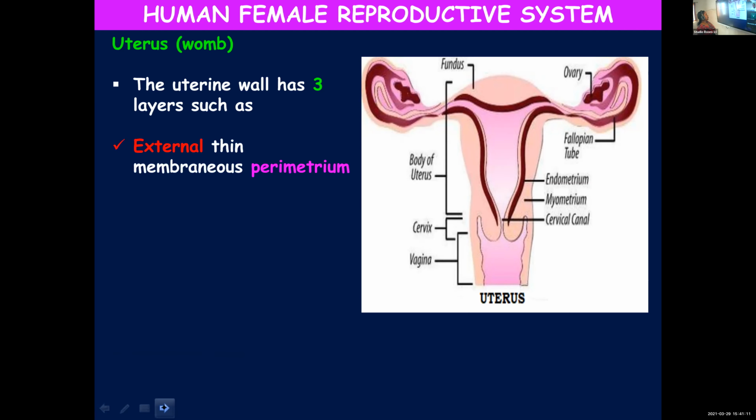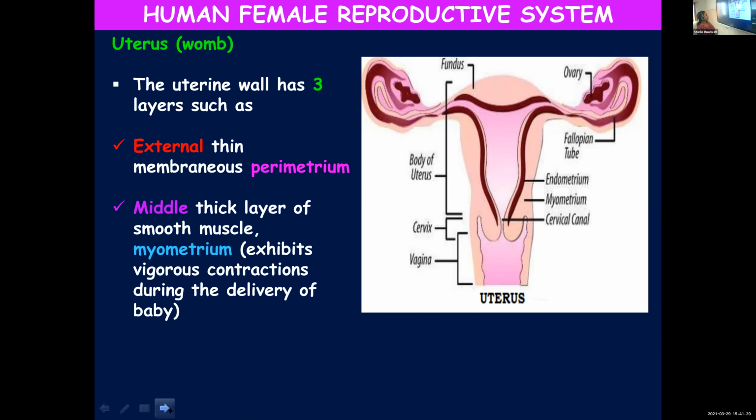The wall of the uterus is provided with three layers. This also we have discussed. Perimetrium is the external, outermost layer, and it is thin and membranous. Then there is myometrium, which is the middle layer, and endometrium, the innermost layer. The middle layer is thick and made up of smooth muscles, and we call it myometrium.